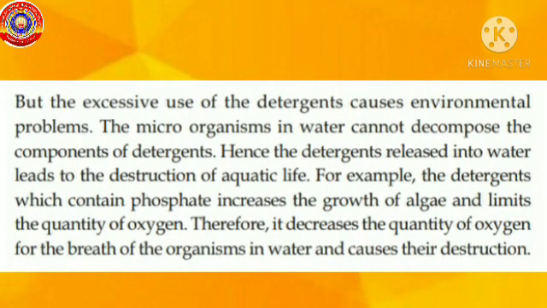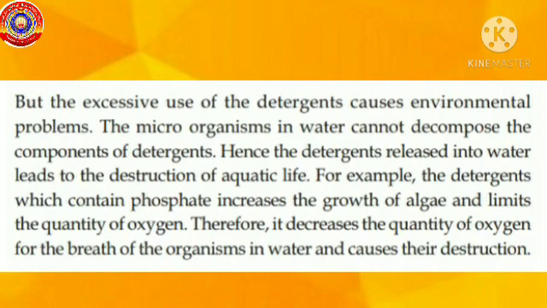Hence, the detergents released into the water lead to the destruction of aquatic life. Let us see how it happens. For example, detergents which contain phosphate increase the growth of algae and limit the quantity of oxygen. The decrease in the quantity of oxygen leads to the destruction of aquatic organisms.